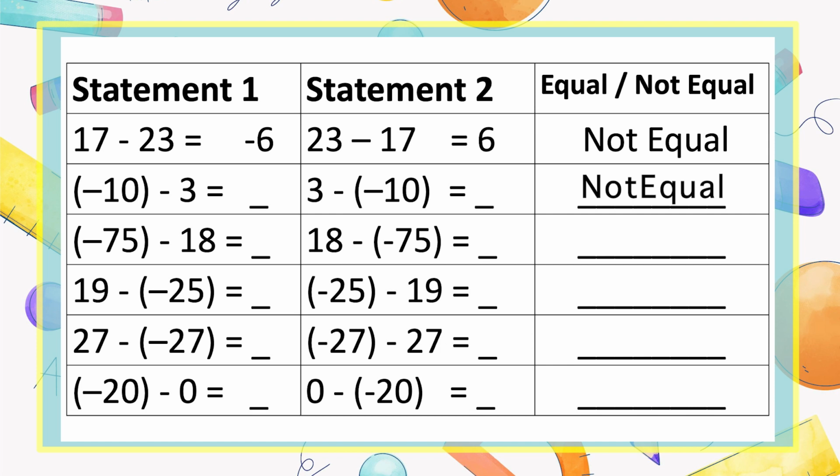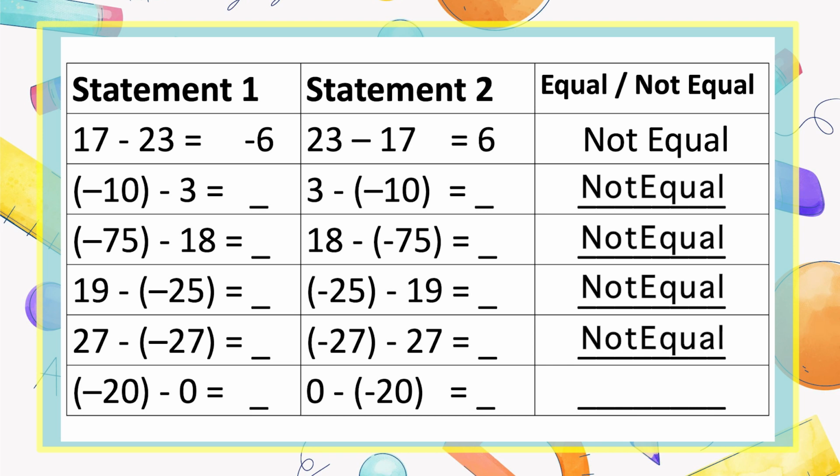Similarly, minus 75 minus 18 and 18 minus minus 75 are not equal. 19 minus minus 25 and minus 25 minus 19 are also not equal. 27 minus minus 27 is actually 27 plus 27, which is 54, and minus 27 minus 27 is minus 54.